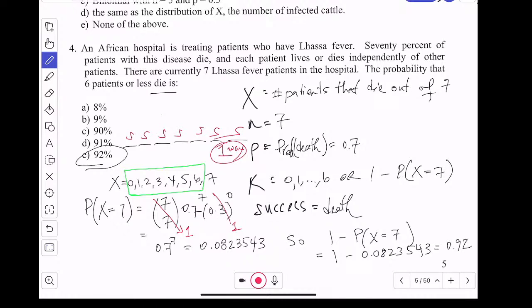Or 92. Okay? Very good. All right, let's do the next one.